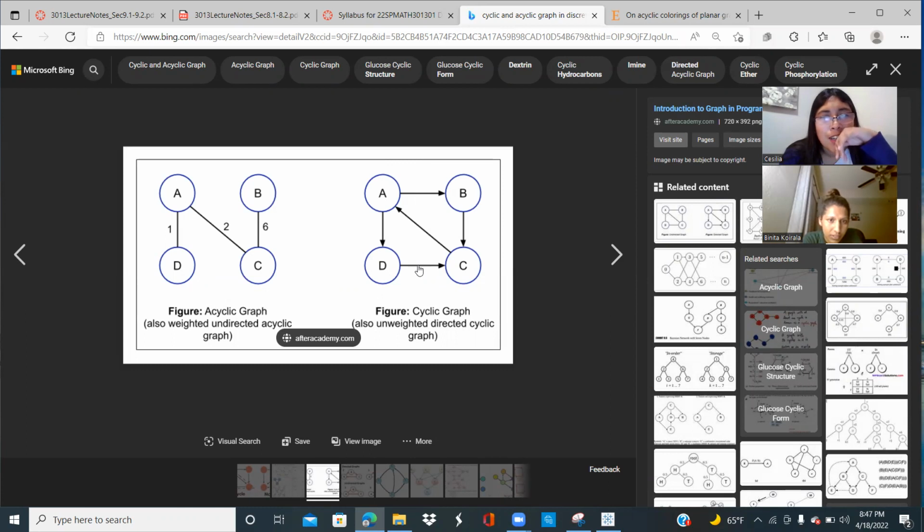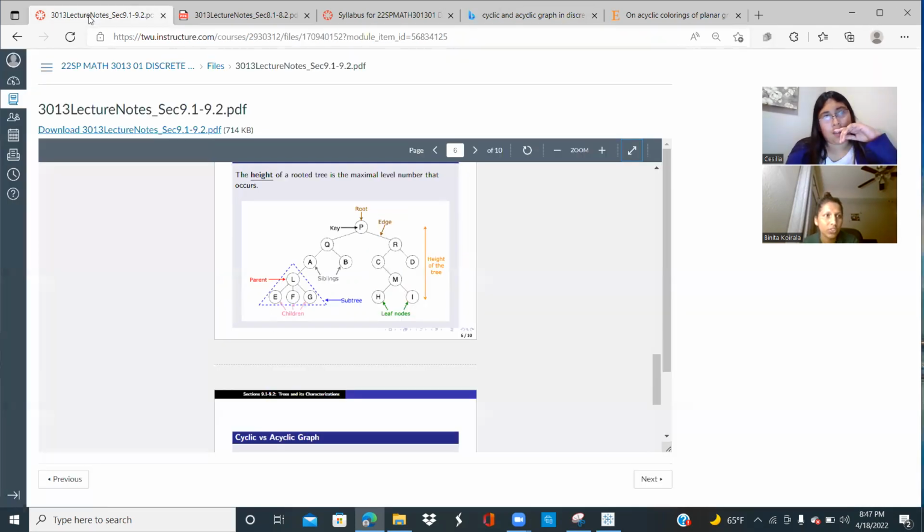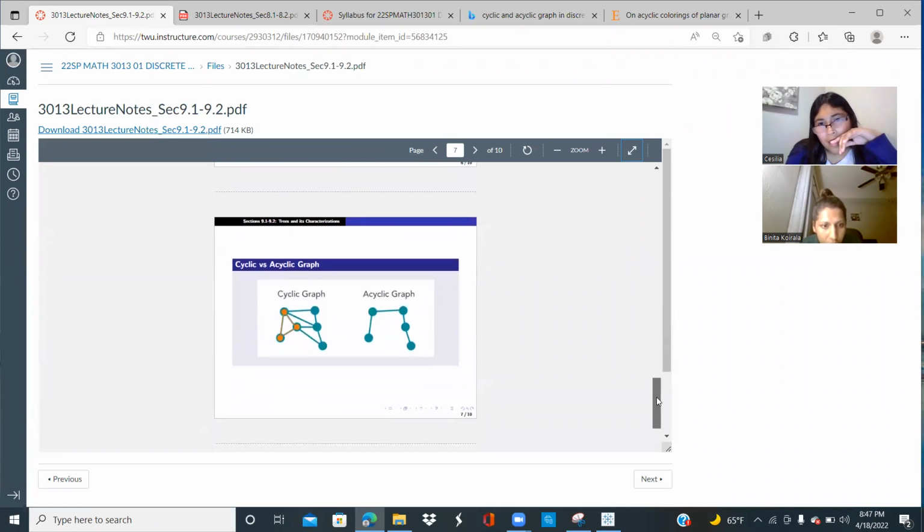So this one's directed, this one's undirected. If it doesn't all connect into one like this, then it's a cyclic graph. A directed acyclic graph, if it only goes one way, then it's acyclic. Like it is in our lecture notes, just go down.